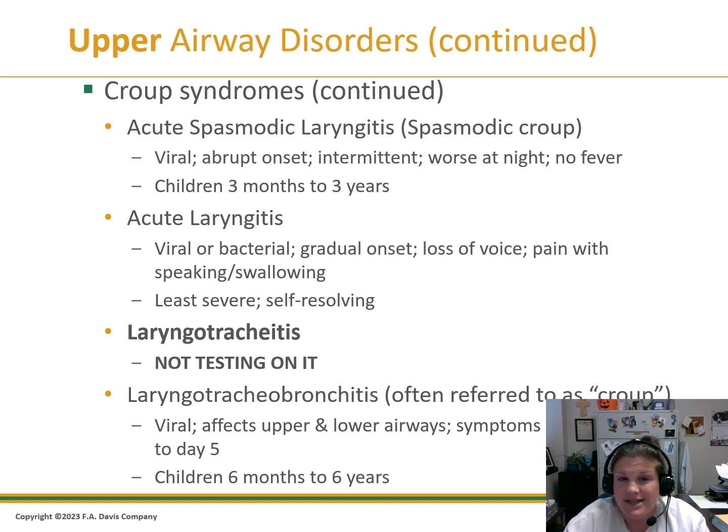So one thing I can tell you for exam purposes, if I'm asking a question and I'm expecting you to differentiate between acute spasmodic laryngitis and laryngotracheobronchitis, I will give an example of a patient whose age only falls under one category. So I will say they are 5 years old with this viral infection that is creating hoarseness and, what were the other things on the previous slide?